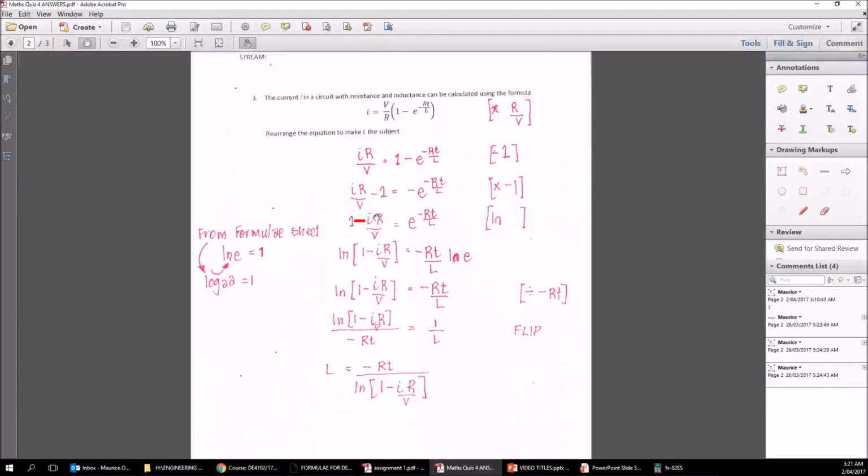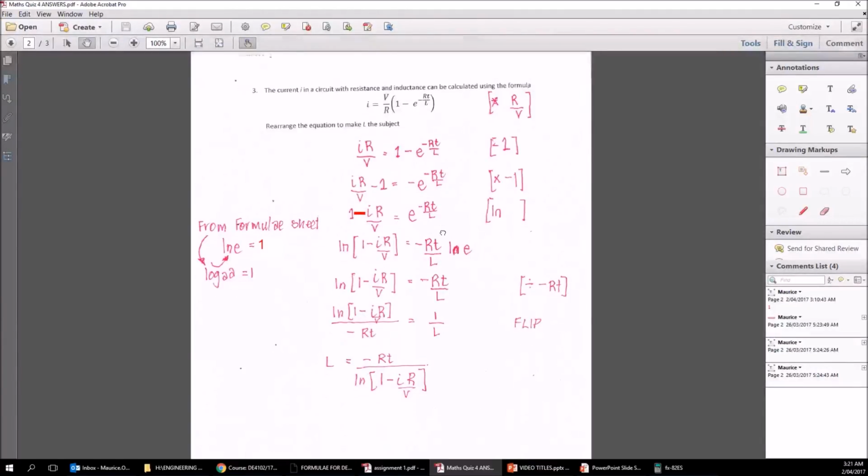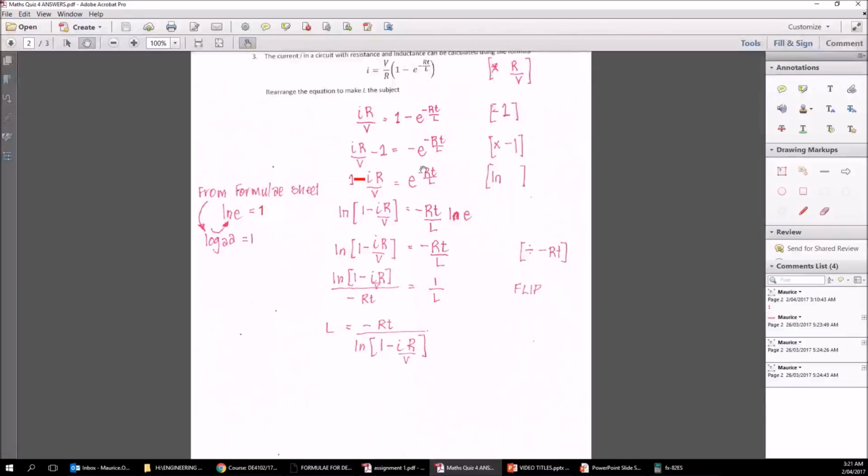Okay. So now we've got the L in a function on its own, with the R and t admittedly. So what we do is we take the log of both sides, and we take the natural logarithm, because we're dealing with e's. So we've got ln, and then I'm going to put a big bracket around that whole thing, equals negative Rt over L ln e. Now, this is where this little beauty here comes into play. ln e is 1.